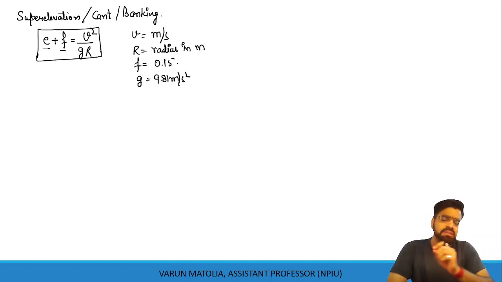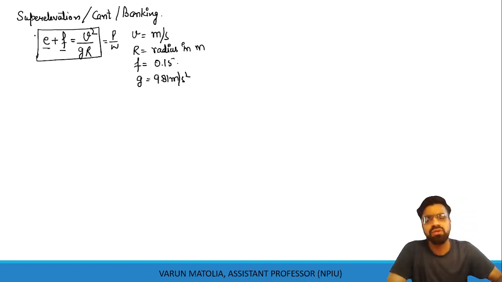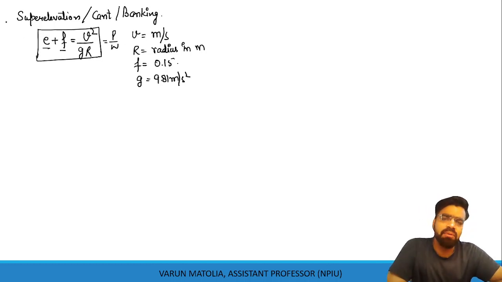tells us that while deriving this equation, we wrote it equals to P by W. And this whole representation can be expressed in terms of centrifugal ratio. Whenever we call it centrifugal ratio, it is related to centrifugal force.